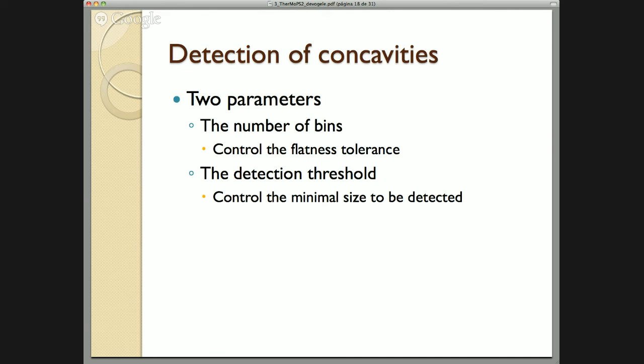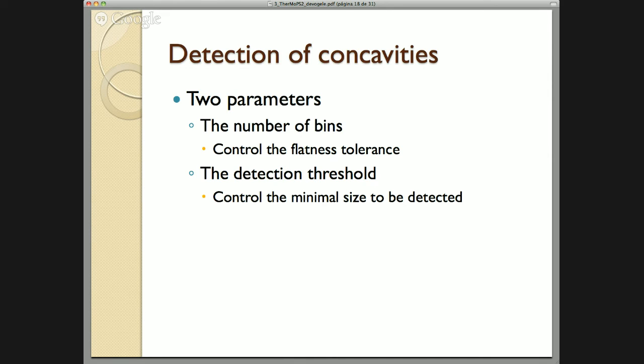So the method contains 2 parameters that need to be adjusted. As I said, you have the number of bins, which will control the flatness tolerance that you accept for the detection of a flat surface. It can be seen simply because if you have a great number of bins, these bins will subtend a small solid angle.